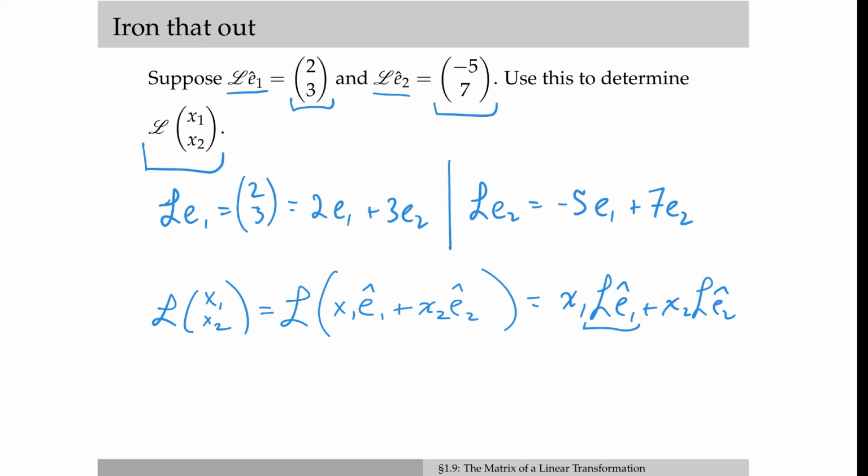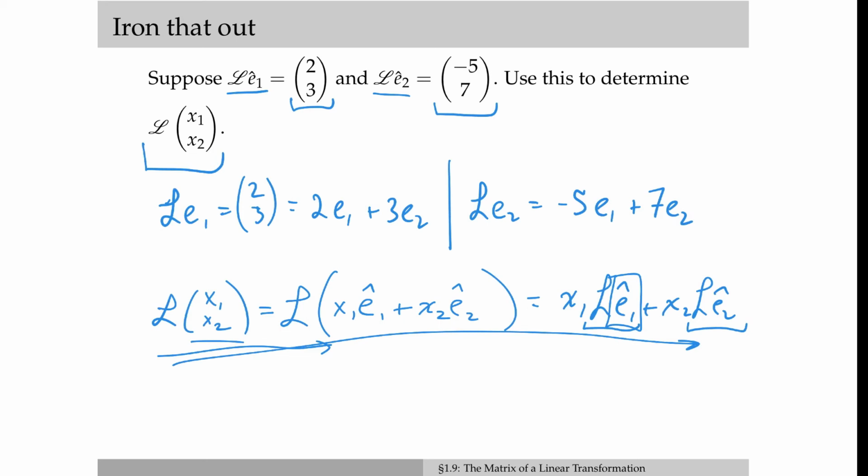I know what L does to both E1 and E2. And you're already seeing in this decomposition that if I can say what L does to my E's, I can see what it does to an arbitrary vector. This statement here, I think, completely spells that out for you. But let me just elaborate further.